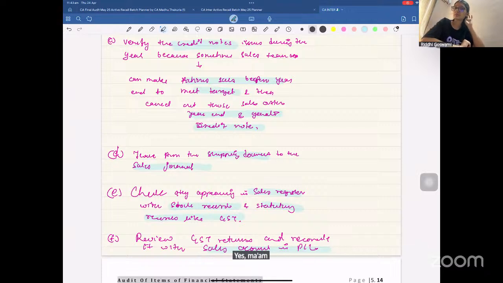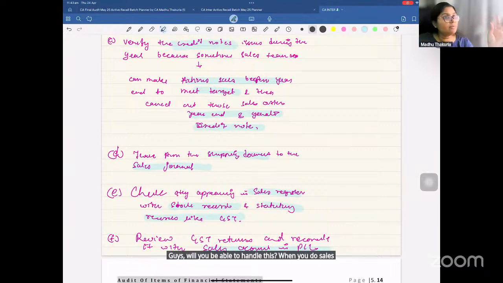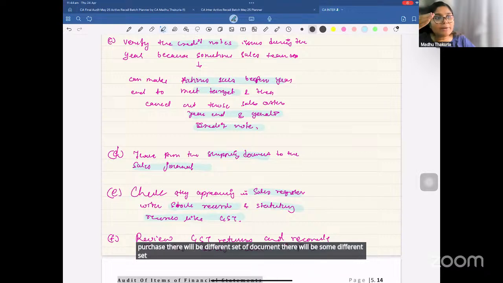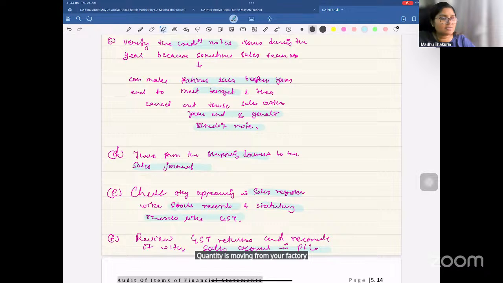When you do sales really well, automatically you will be able to handle purchase now. Because in case of purchase, there will be a different set of documents, there will be some different set of controls. But here the quantity is moving from your client's factory to their customer. There you will be receiving the material.